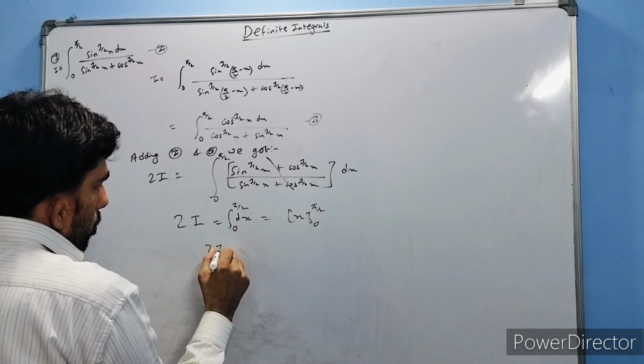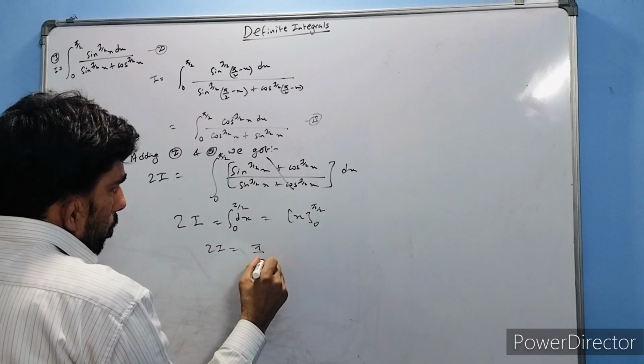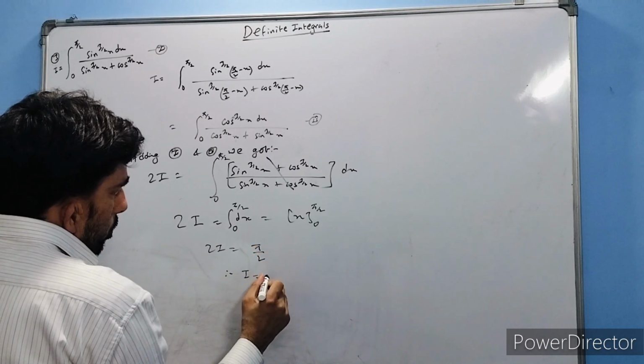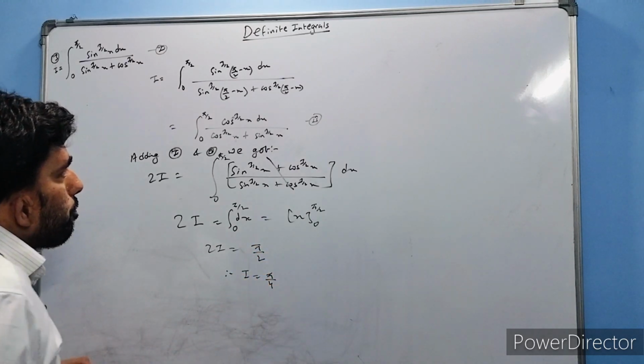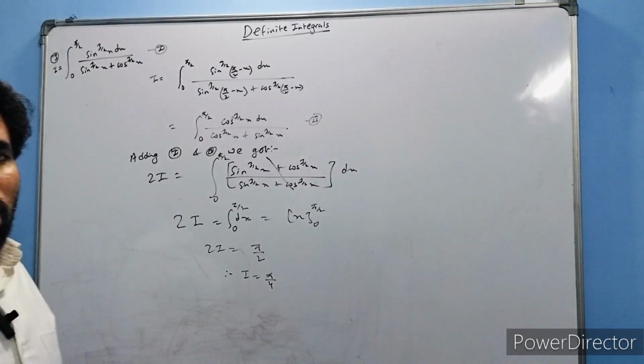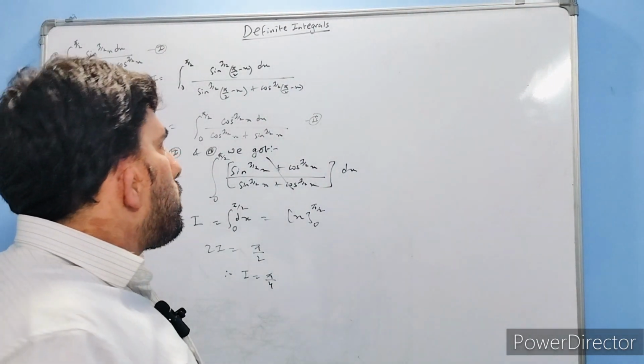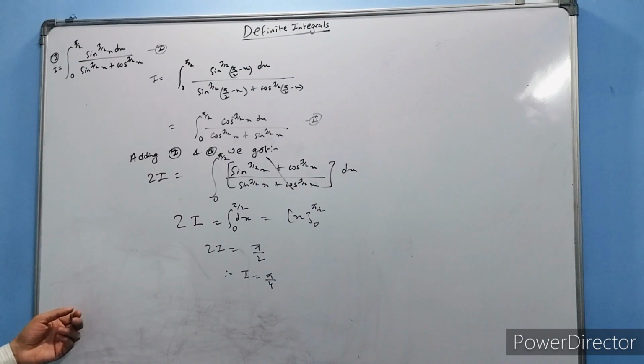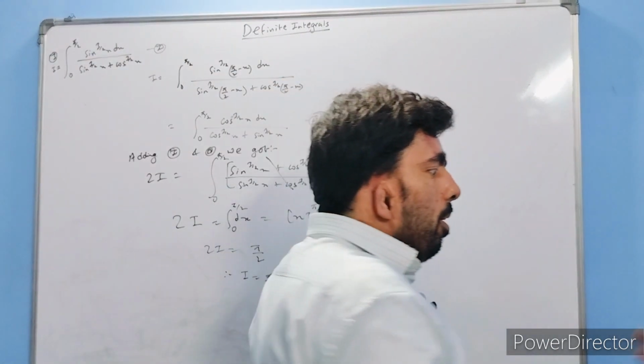So 2I is equal to pi by 2. Therefore I is equal to pi by 4. Okay, so likewise we can easily solve numericals based on this. Now we'll try to solve the next one.